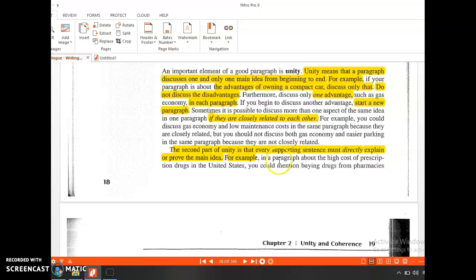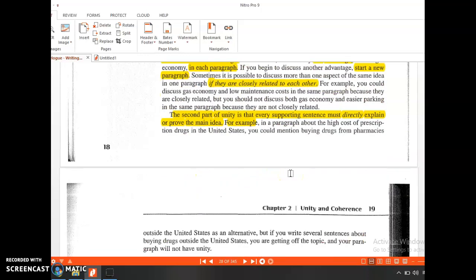For example, in a paragraph about the high cost of prescription drugs in the United States, you could mention buying drugs from pharmacies outside the United States as an alternative. But if you write several sentences about buying drugs outside the United States, you are getting off the topic and your paragraph will not have unity.